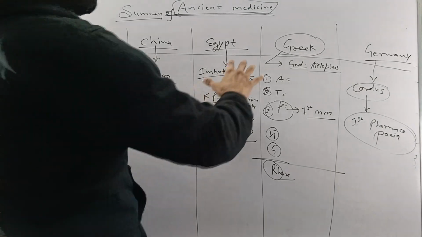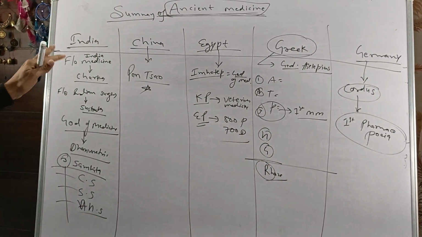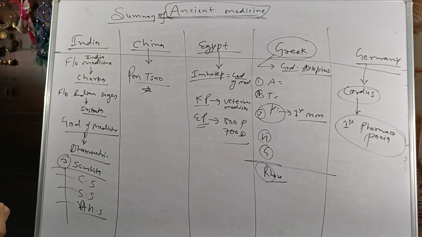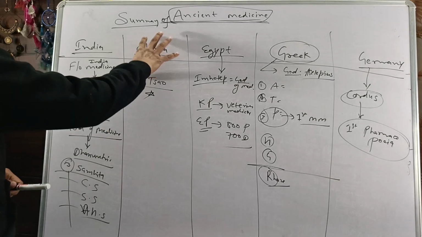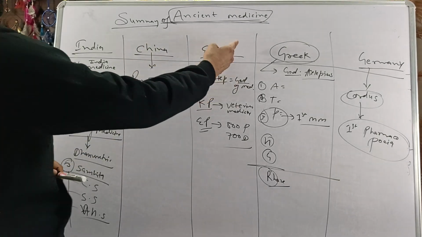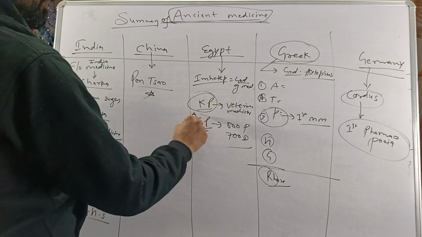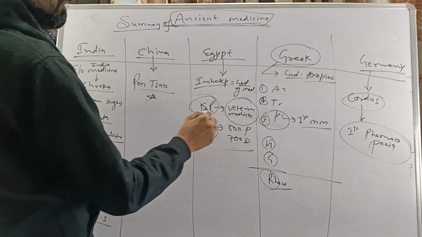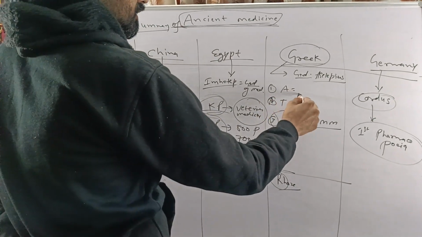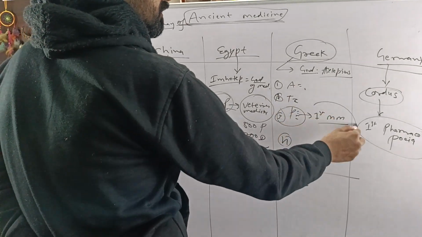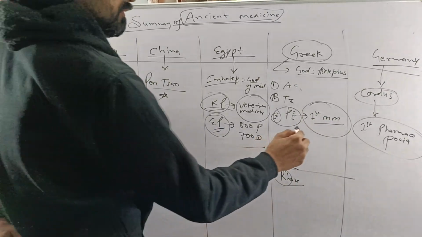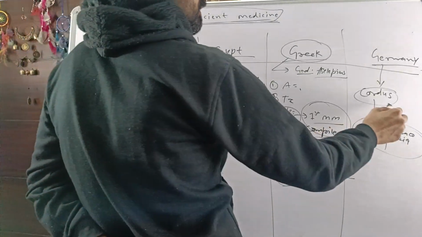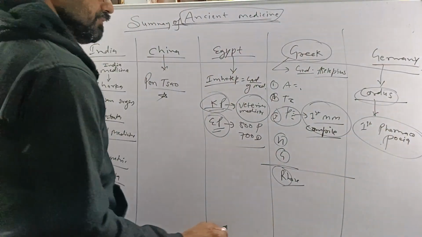So these are the MCQs which can be derived from ancient medicine. The first Chinese text was Pen Tsao, and the Egyptian text was the Ebers Papyrus. Out of these, the veterinary medicine portion was in the Kahun Papyrus, and in this, Aristotle, Theophrastus, and the first materia medica compiled by Dioscorides, and the first pharmacopoeia by Cordus.